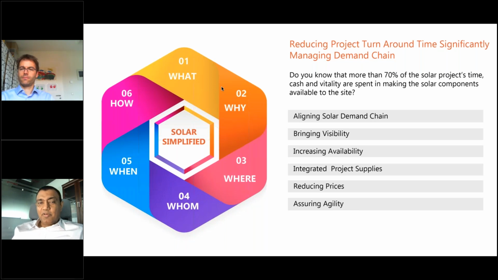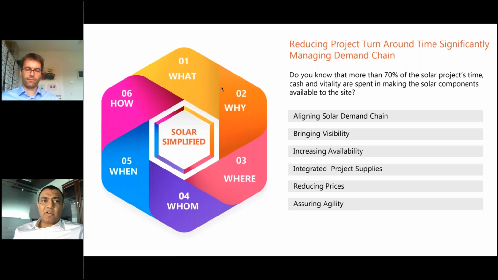So if the information is made available in time and in the right place, then some sort of alignment can happen there, and someone who is trying to bring in a 395 can actually quote 400. So some sort of standardization, which will again help not only people like us, but the benefit goes more to the end user and to the EPC company which is going to do it. Bringing visibility, of course, the right information is available in time on a right platform.